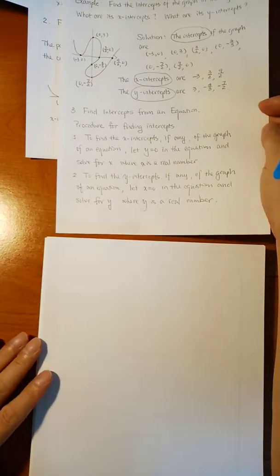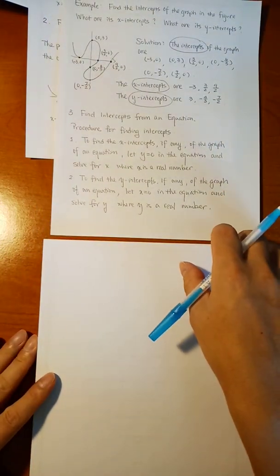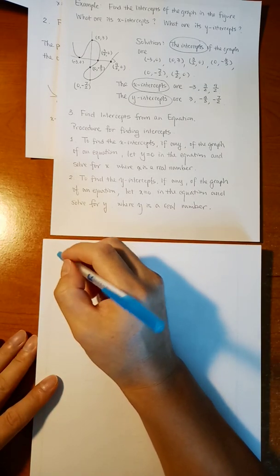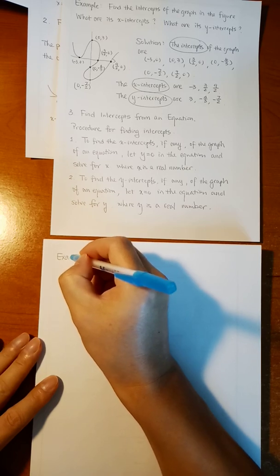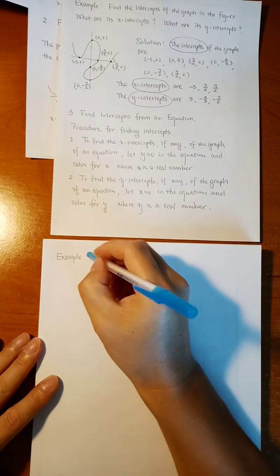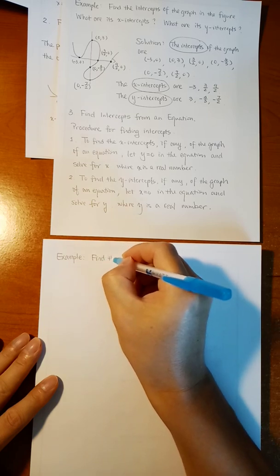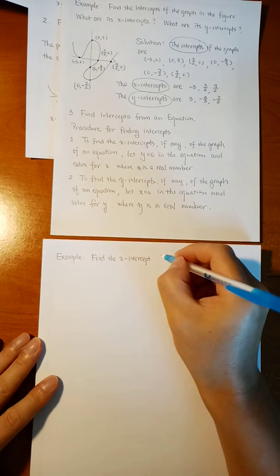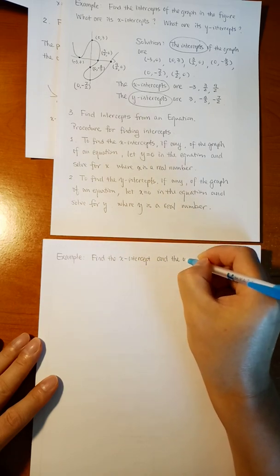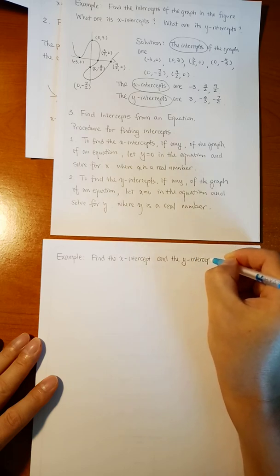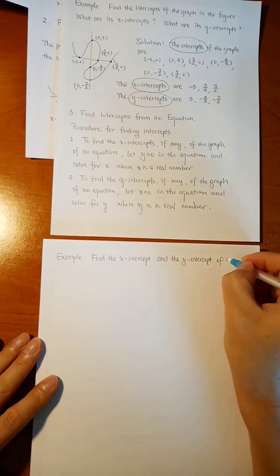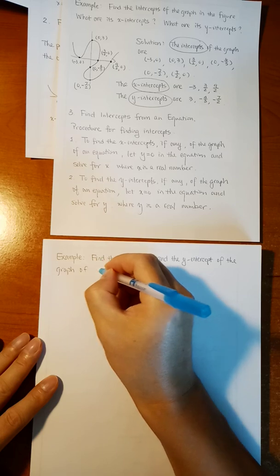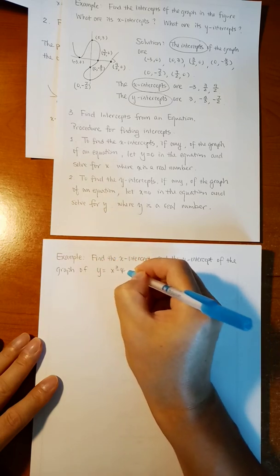So let's see how we get it. The example: find the x-intercept and the y-intercept of the graph of the equation y equals x squared minus 4.